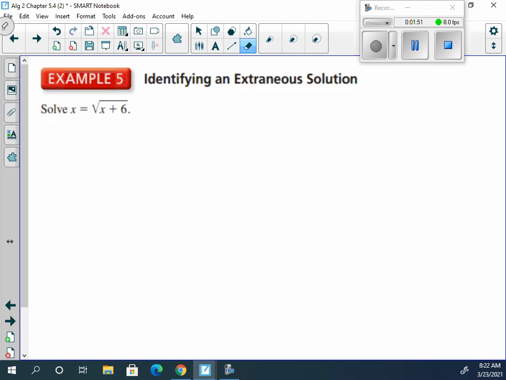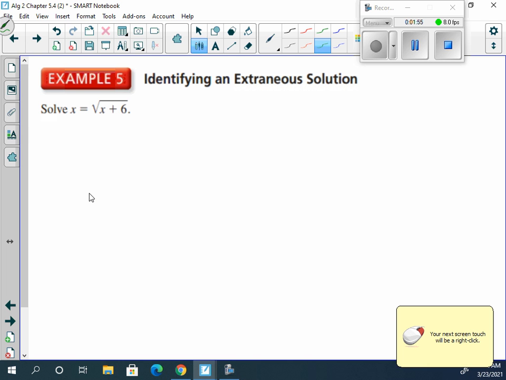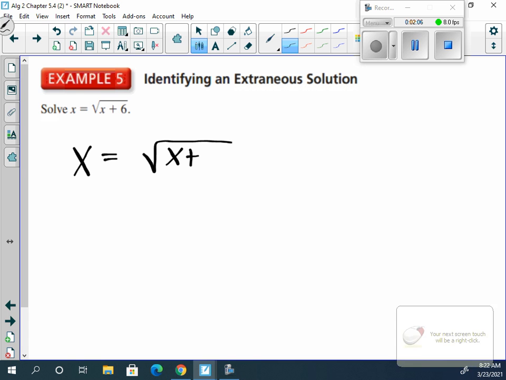And we'll be solving these here. Now, our overall steps that we did yesterday and that we'll do today are going to be the same. So when we look at this here, x is equal to the square root of x plus 6. We only have one radical in this equation, and is it by itself? Yes. So we want to simplify that radical by raising both sides to what power?